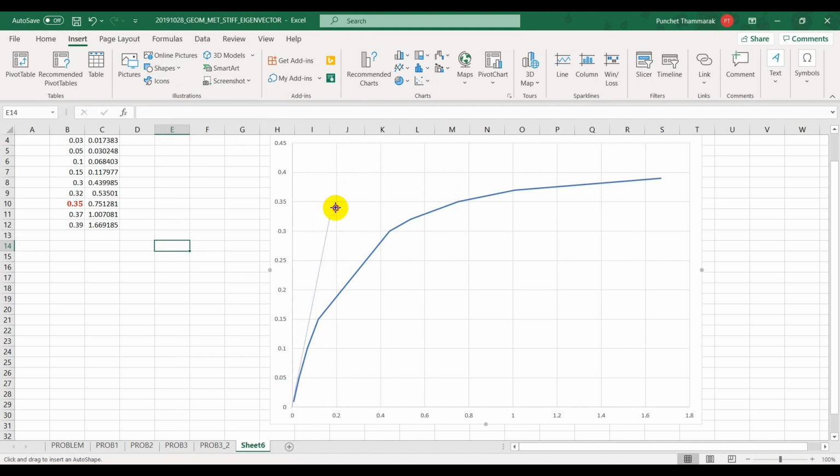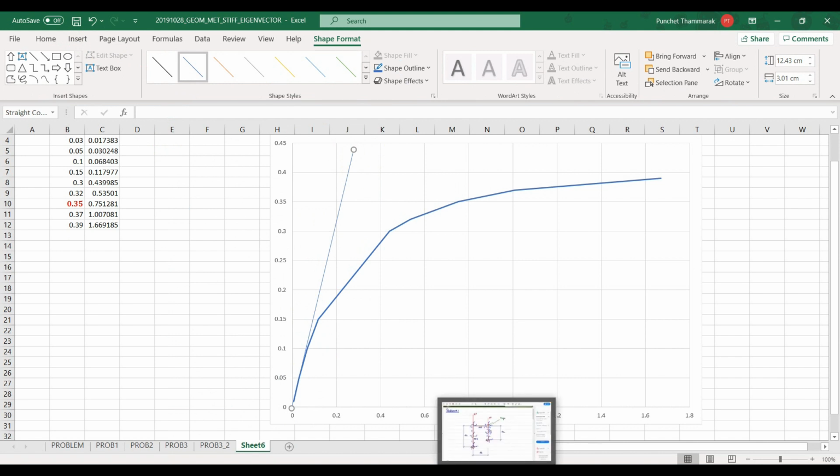I can draw it pretty much like this. So the response of your structure, if we don't consider the second order effect, you get this line. But as we consider second order effect, you get these nonlinearities coming out. So yeah, at one point here, it will buckle.